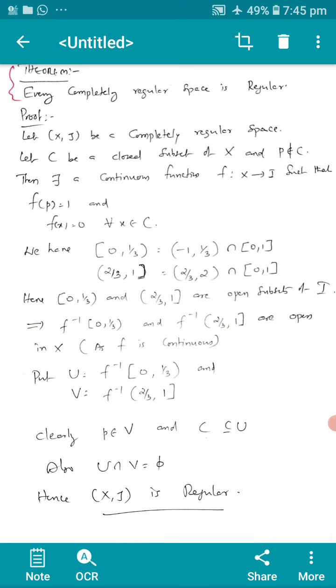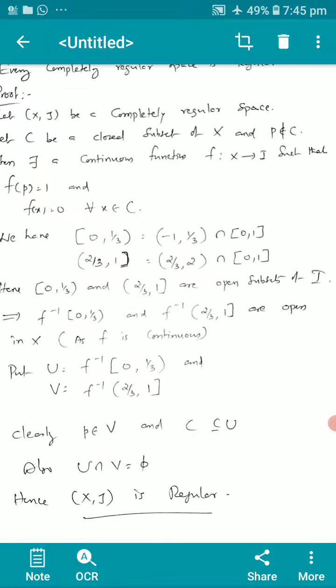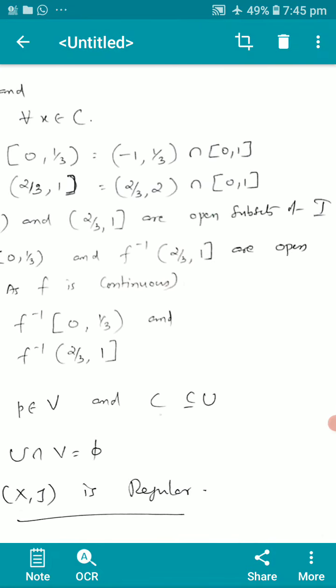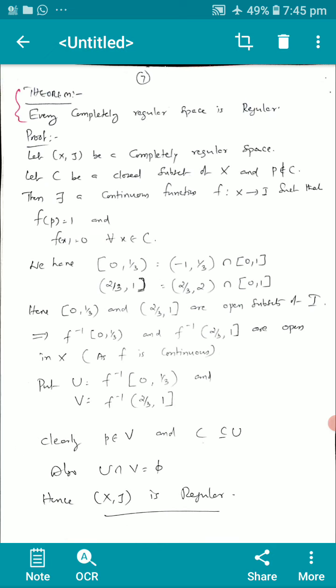We put U equal to f inverse of [0, 1/3) and V equal to f inverse of (2/3, 1]. Clearly, P is in V and C is a subset of U. Moreover, U intersection V equals the empty set, hence (X, τ) is regular.